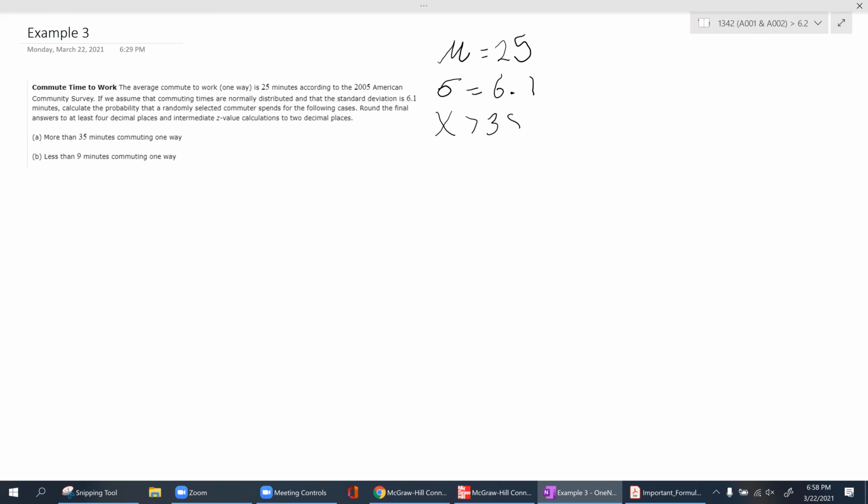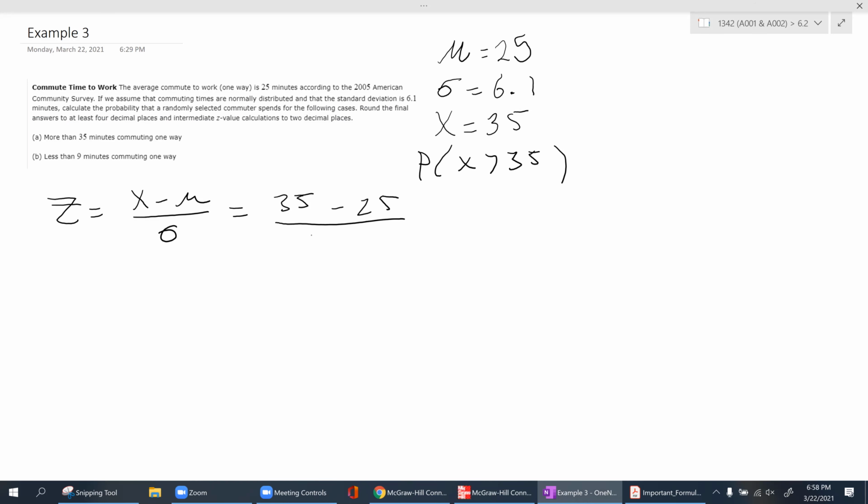You can just say this and then find P of x greater than 35, meaning z is equal to x minus mu over sigma, which is 35 minus 25 over 6.1. This gives me 10 over 6.1, which is 1.6393.